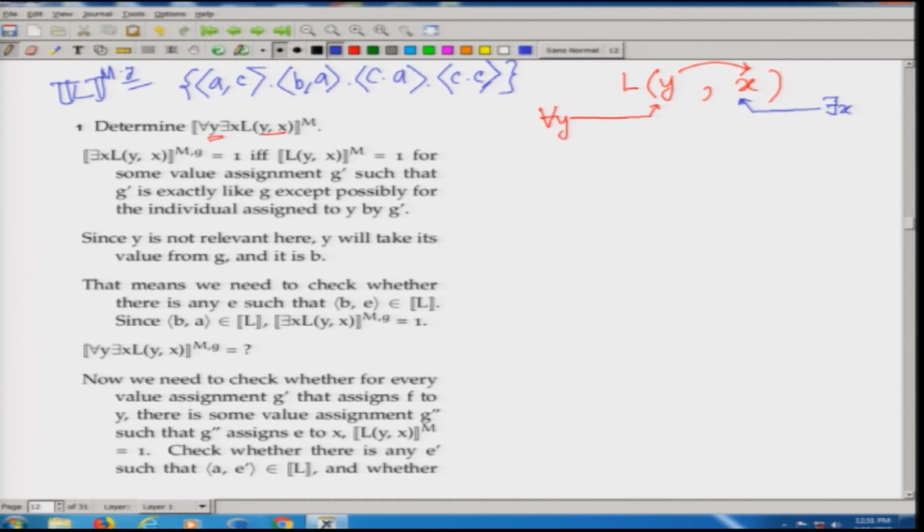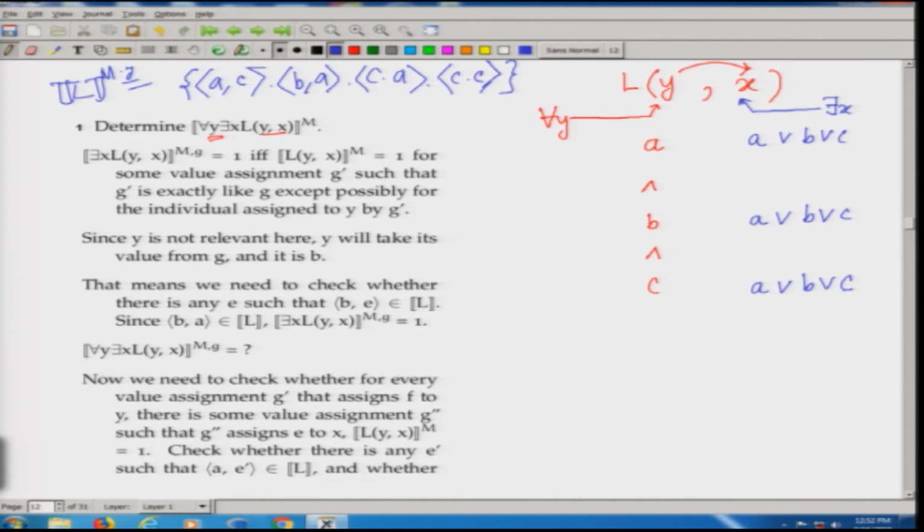So what we have to check is this. We have to check whether here we have A and B and C, and here we have A or B or C. We have A or B or C. Once again we have A or B or C. So what is it we need to check?